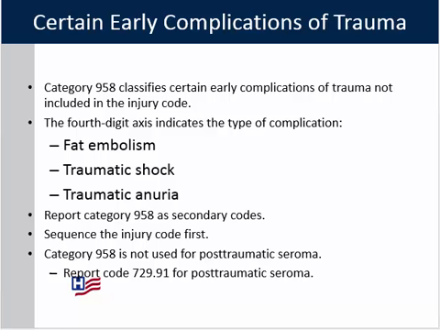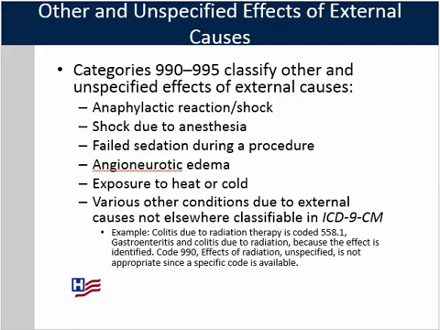Usually codes from category 958 are assigned as secondary codes, with the code for the injury sequenced first. Categories 950 through 995 classify other and unsuspected effects of external causes resulting from exposure to heat, cold, and a variety of other conditions due to external causes that are not classifiable elsewhere in ICD-9.